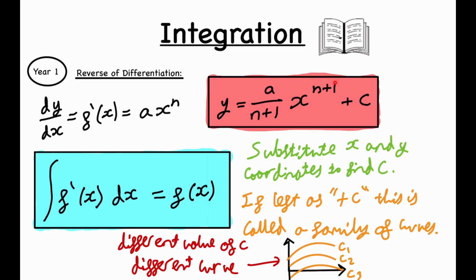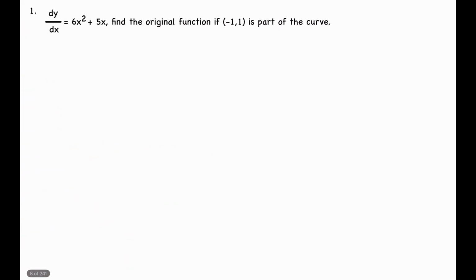So you can have an equation that represents this family of curves, because different values of c, for example here c1, c2 and c3, have different curves to them.